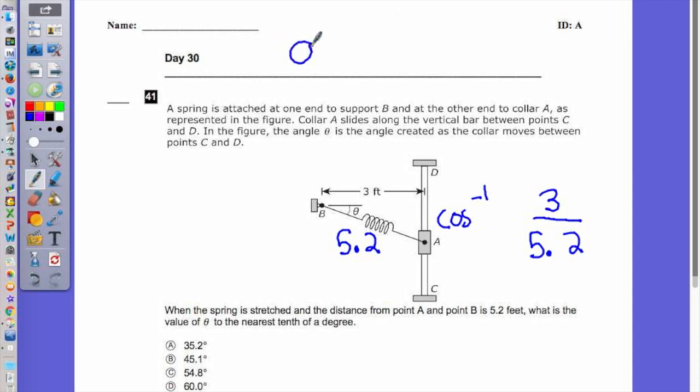Now, the button on your calculator, if you try to use the on-screen calculator on the EOC, will say arc cosine. It's just another way to write it. So instead of tangent -1, they'll say arc tan, arc sine, arc cos. 3 divided by 5.2, second button cosine. And you should get 54.8. And now we're going to take a break.